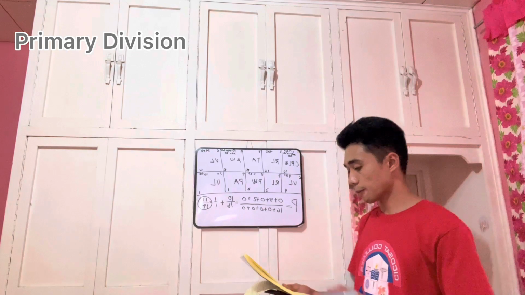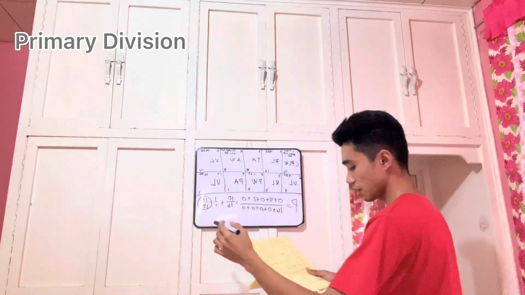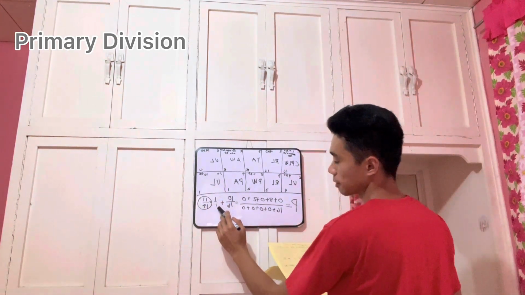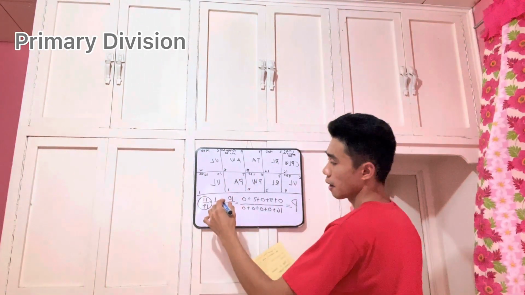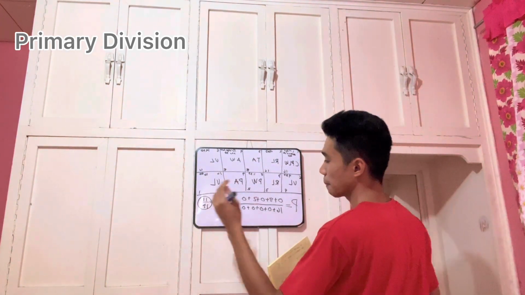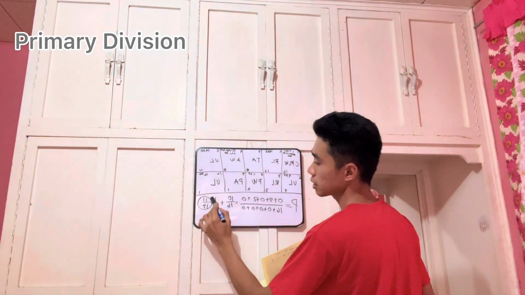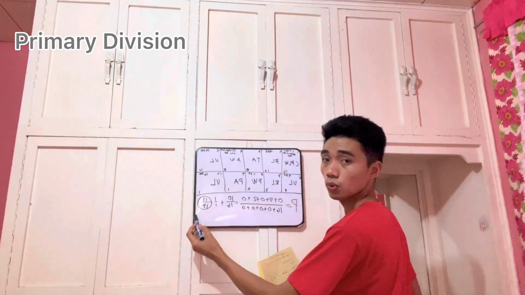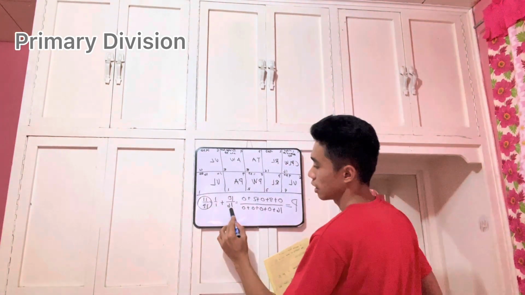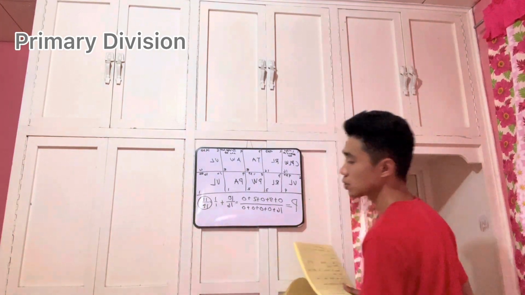It doesn't end there. Don't forget to add the pre-established fraction of 1 over 1. So we add: 10 plus 1 is equal to 11, and 16 plus 1 is equal to 17.